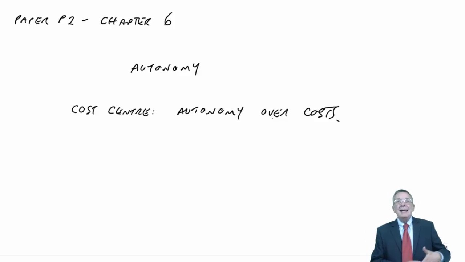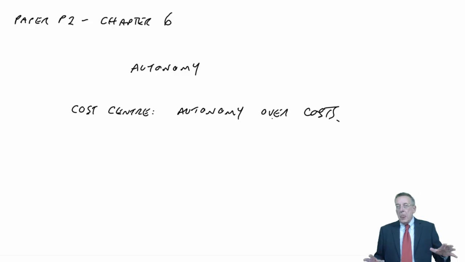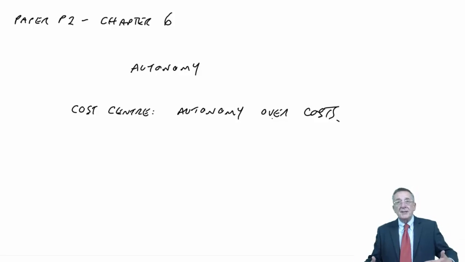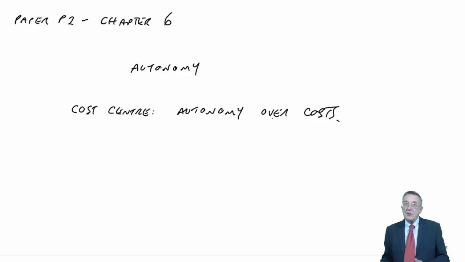You can decide what materials you buy and where you buy them from, what wages you pay your staff, and so on. But maybe I have responsibility over selling prices. You know, maybe it's like when I first said, we've got a business in London and we've got a division in Manchester, but if they're both selling the same thing, maybe it's important that we've got the same selling price in both places. And so I'll be responsible for selling price, you're only responsible for the costs.